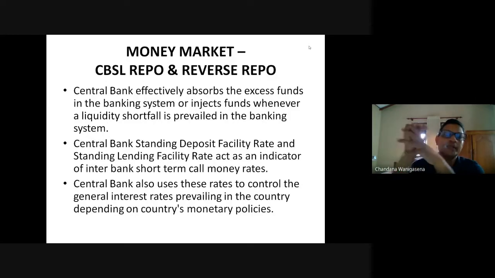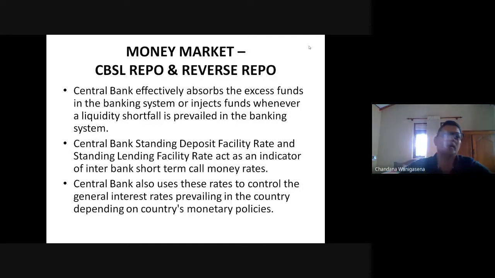Another very important tool in the money market is the repo and the reverse repo, right? We'll go into details of repo and reverse repo shortly.